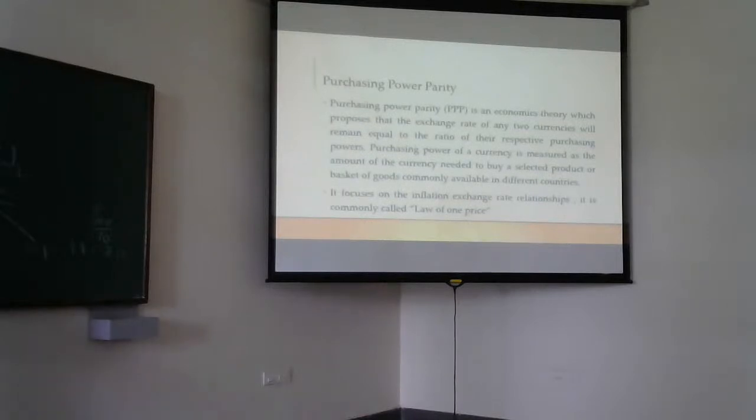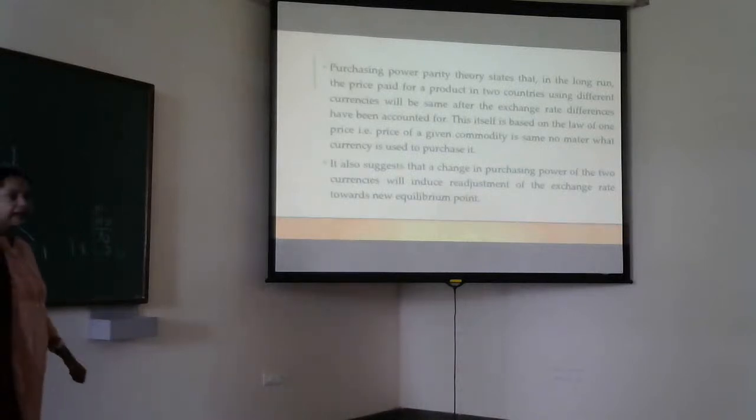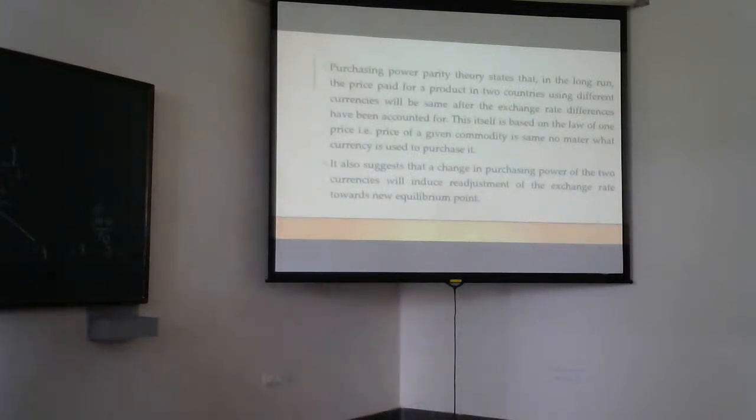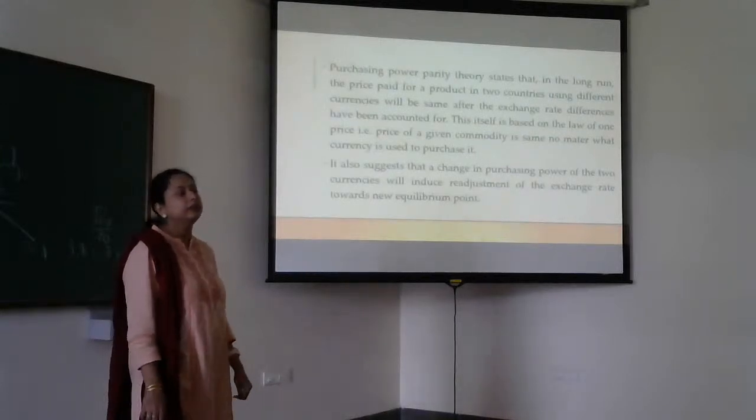Fine. So when we are calling it the law of one price, what exactly do we mean by that? Purchasing power parity theory states that in the long run, the price paid for a product in two countries using different currencies will be the same after the exchange rate differences have been accounted for.